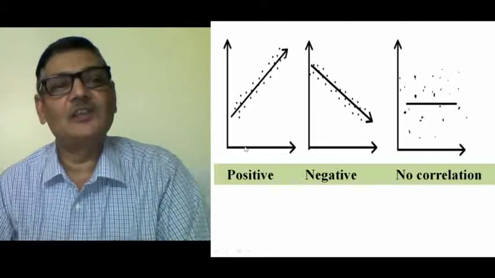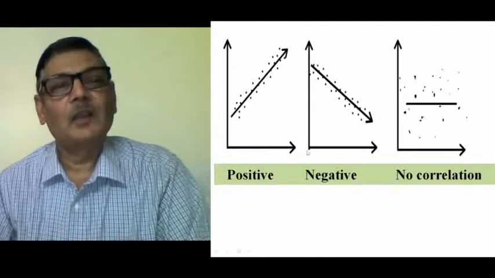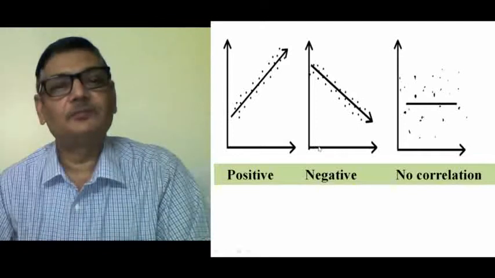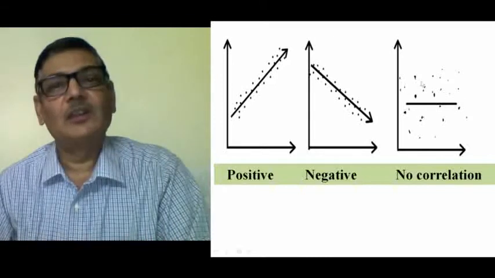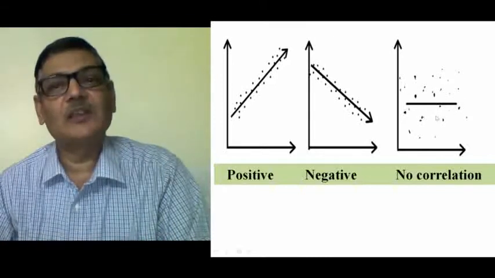If there is an increase in the x variable, it also results in an increase in the other variable. In case of negative correlation, there is an increase in one variable while a decrease in the dependent one. And in case of no correlation, the values are randomly scattered, so the correlation will be exactly zero.